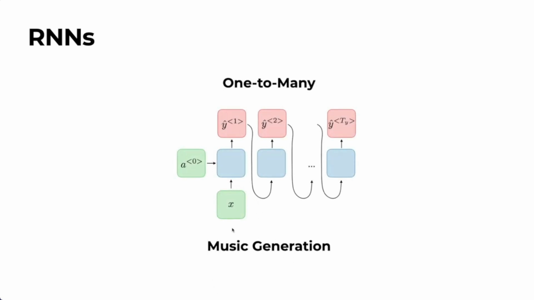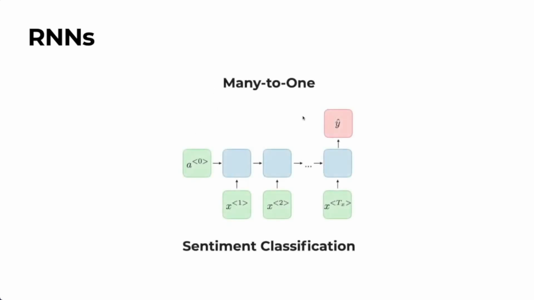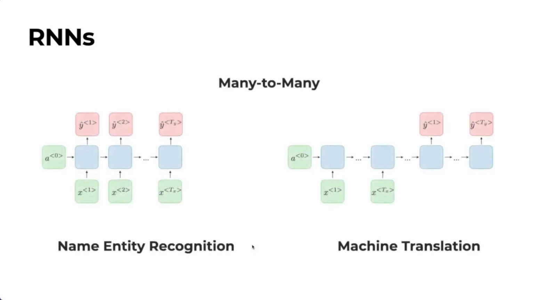So we get one input, but many outputs. We can also have a many-to-one relationship. So we have many inputs, but only one output. This is, for example, used for sentiment classification. And we can have different types of many-to-many relationships. For example, here for named entity recognition or for machine translation.